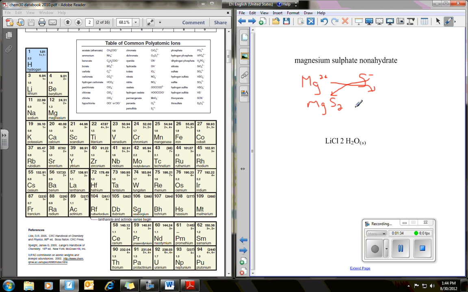And now I need to add the water, the hydrate part. You always add it with a dot. It demonstrates that it's attached to the molecule. You look at the prefix, nona. Nona, and if you don't know your prefixes, well, you can look in your notes. Nona means 9.